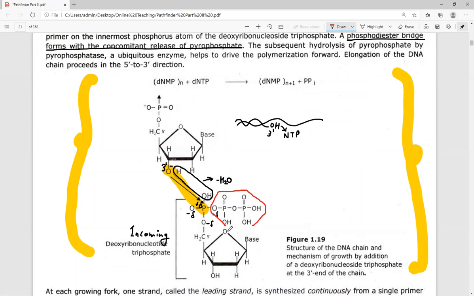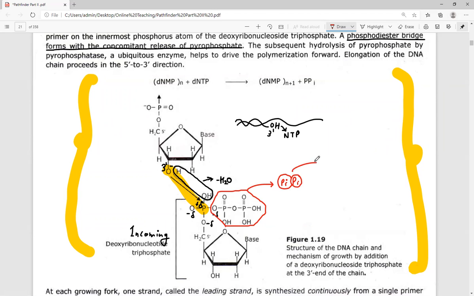This is another phosphate molecule. Both of these phosphate molecules will be released in the form of pyroinorganic phosphate. This is pyro Pi, and another one is Pi. Okay, inorganic phosphate and inorganic phosphate, because the two inorganic phosphates are being joined with regard to each other, so this is referred to as pyroinorganic phosphate.